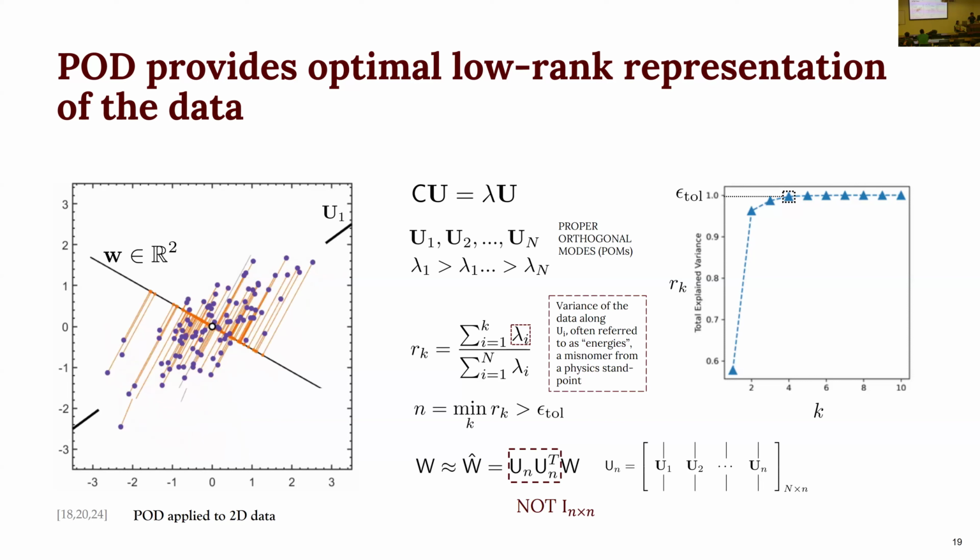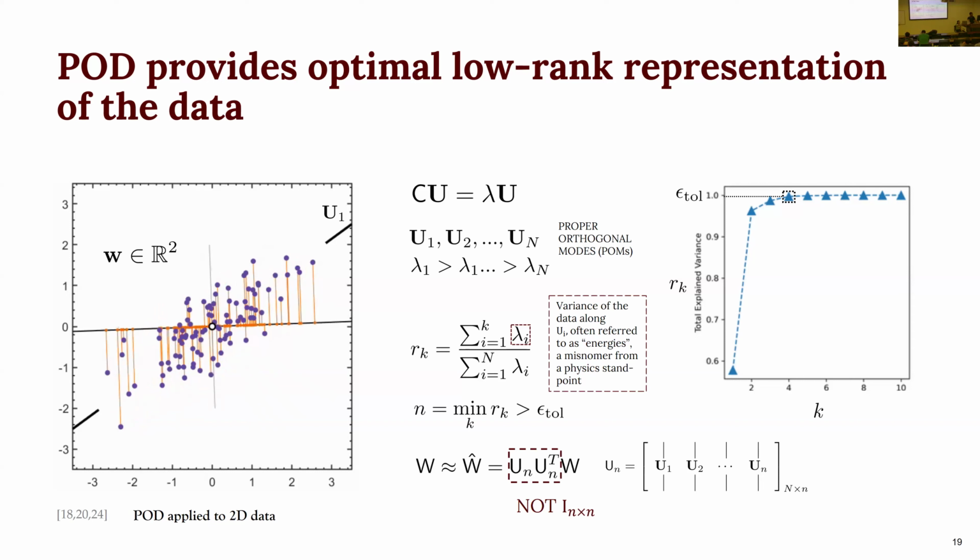Along with these eigenvectors, we have these eigenvalues lambda. Along these directions, it can be shown that the variance is maximum, and this variance is given by these eigenvalues lambda. Now, C is positive definite, so its eigenvalues are greater than 0, and you can sort them from largest to smallest.